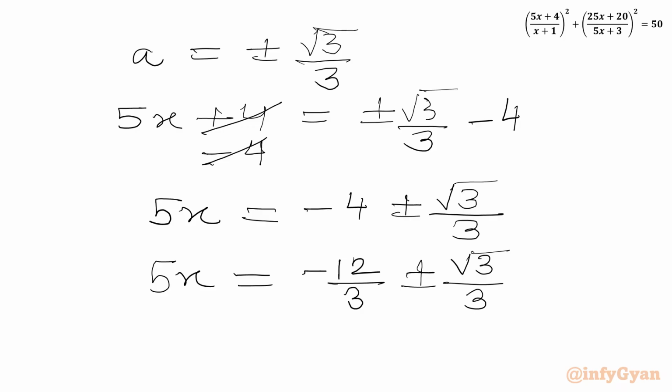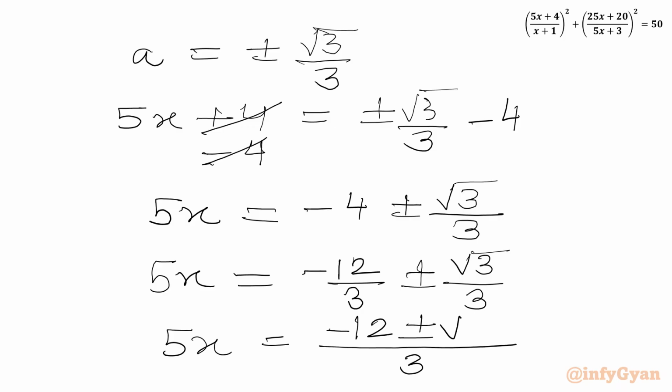Now the denominator is the same. We can simply add the numerators. We will write here 5x equal to, with the common denominator 3, in the numerator minus 12 plus minus square root 3.